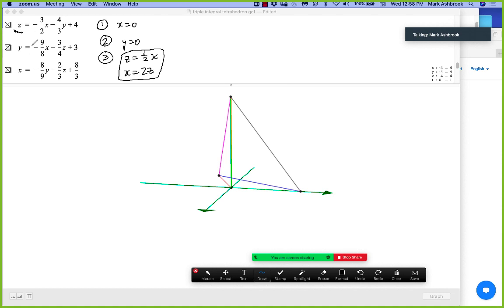We solved for z, we solved for y, and we solved for x. So all of these are the same plane, and we called that plane number 4. So those are our 4 planes.